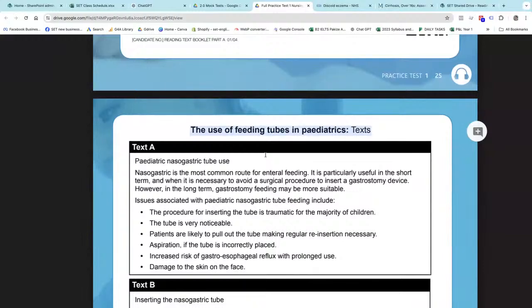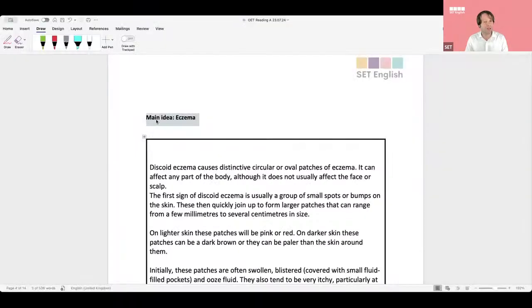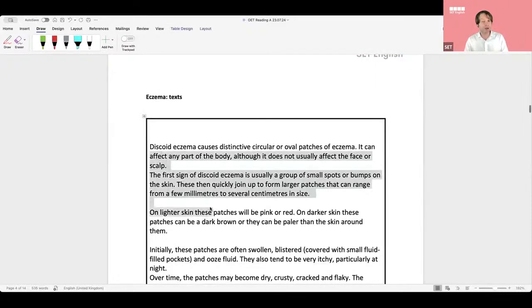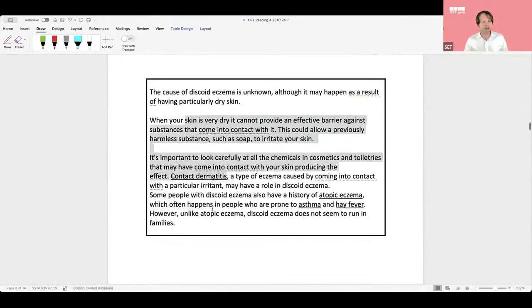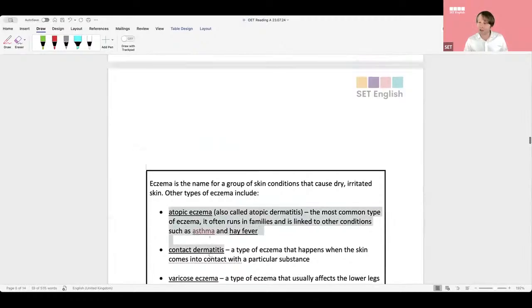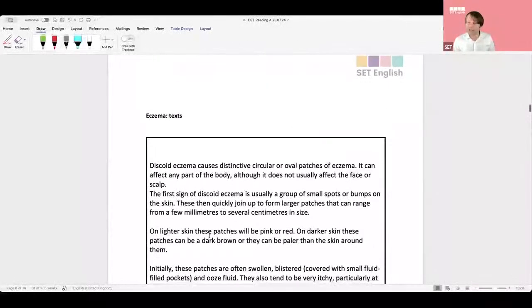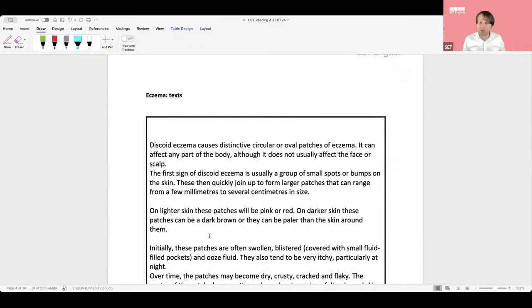All the texts are about eczema, so it's the same. It's not enough. This one is about eczema, this one is about eczema. That's not a good analysis. You need to be more specific, okay?